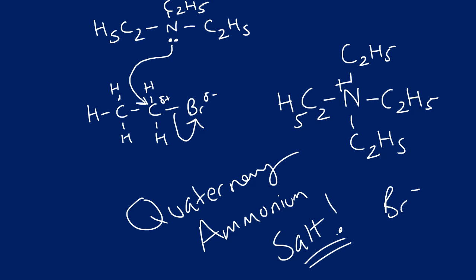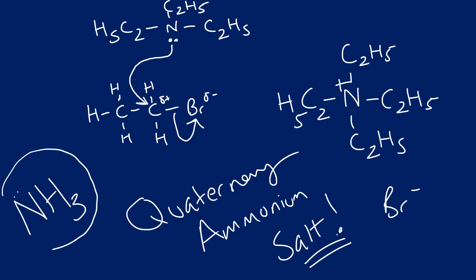So it is far more complex, the ammonia mechanism, because you have all these possibilities. So you can often be asked, what can you do to maximize only producing the primary amine, which is only one substitution? Now the main way you would do that is just by using a very large excess of ammonia. If you've got a very large excess of ammonia, that basically means you've got a high concentration of ammonia, which means the ammonia is far more likely to be doing the substituting other than your product.